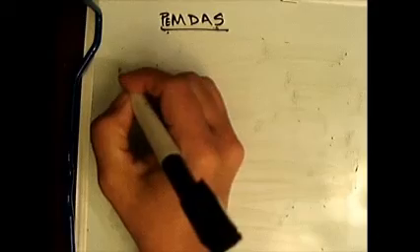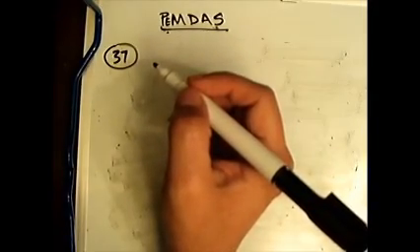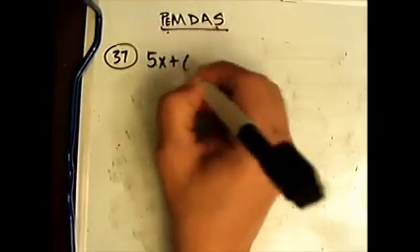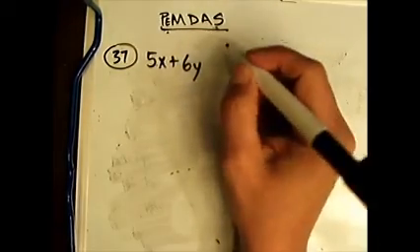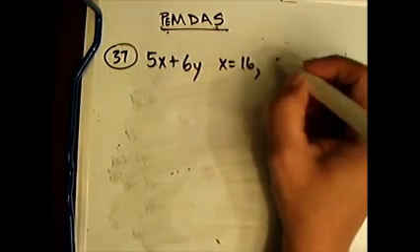And now I'm going to do number 37. We're almost done. Number 37: 5x plus 6y when x equals 16 and y equals negative 9.